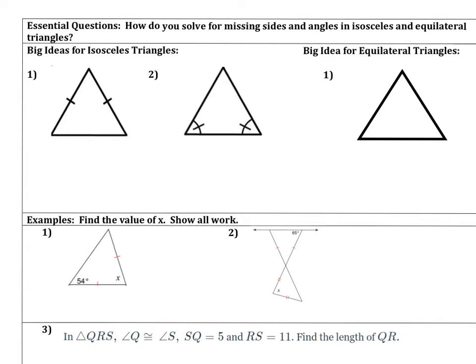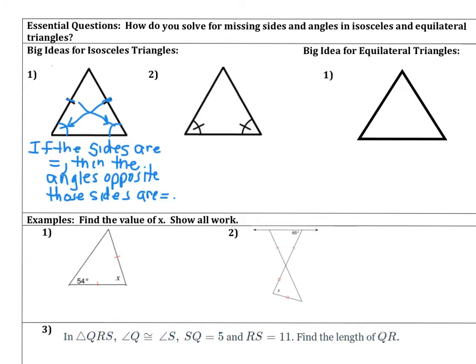The first one, if the sides are congruent in your triangle, then the angles opposite those sides are congruent, and those would be called your base angles. Then we have the converse of that statement. If the angles are congruent, then the sides opposite those angles are also congruent.